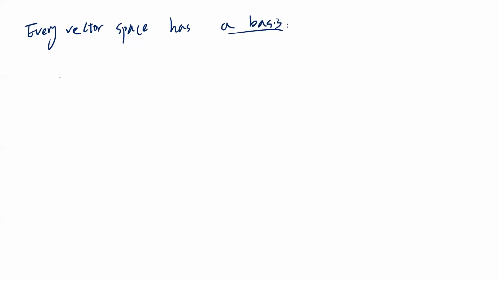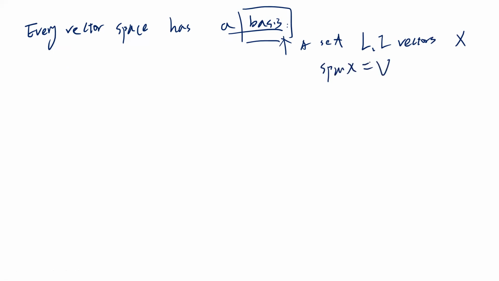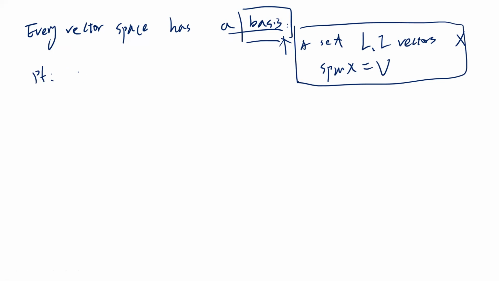Okay, so the proof idea, let's explain. A basis means a set of linearly independent vectors, let's say x, and the span of x will be the whole V. And the proof basically uses Zorn's lemma.